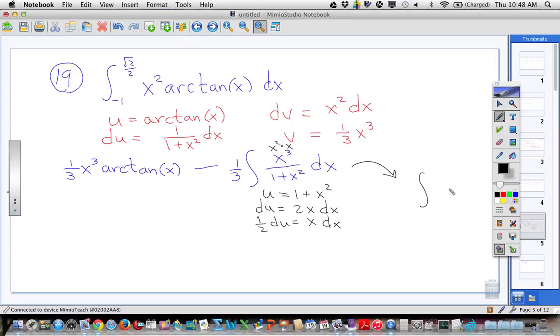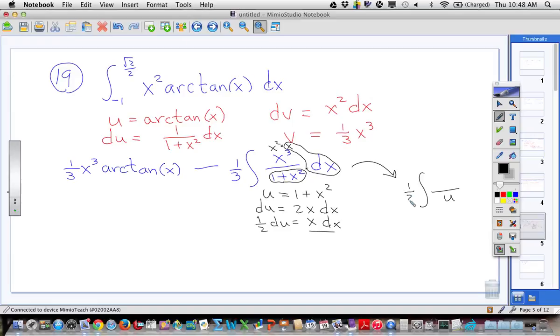Okay, so what's on the bottom? That's u, right? So I'm going to circle that. I've taken care of that. And then right here is my x dx. And what's that? What's x dx? 1/2 du.